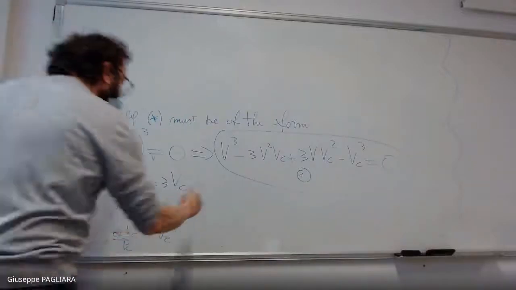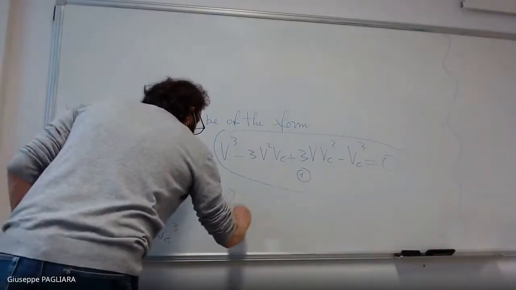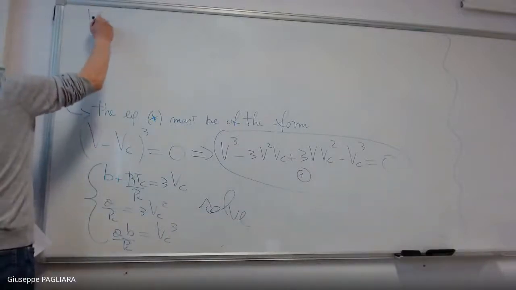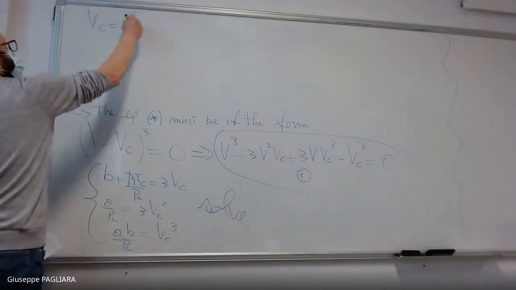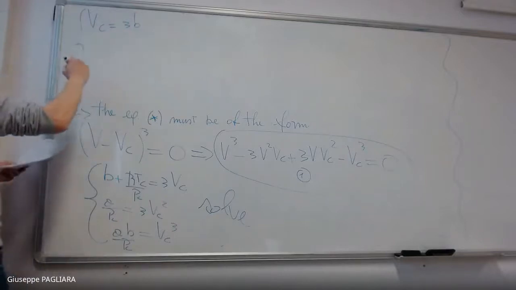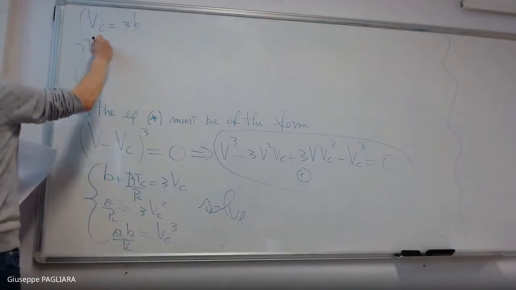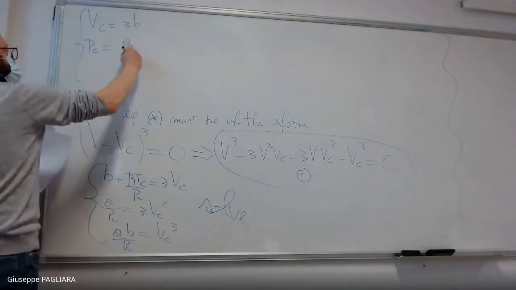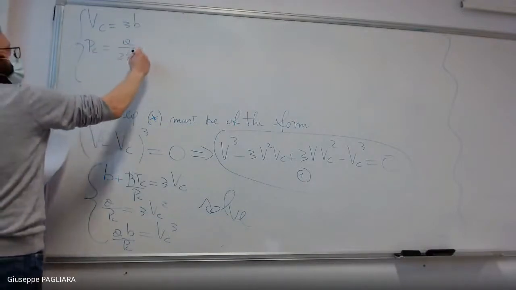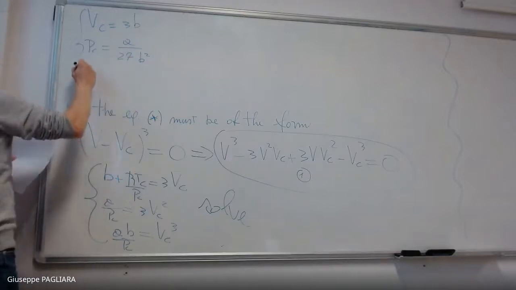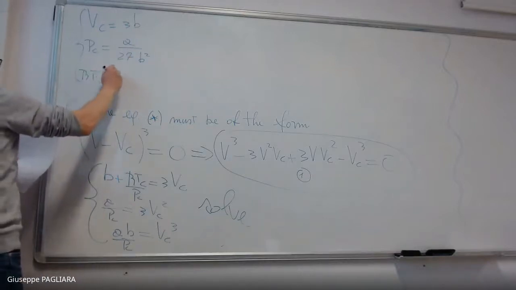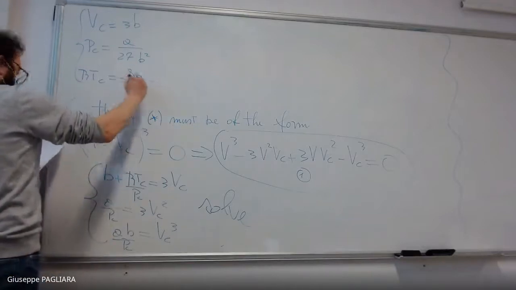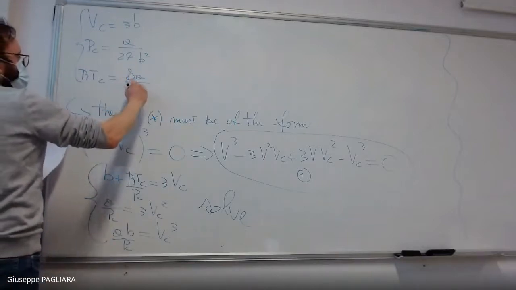So you solve the system of equations, and you will find that VC is equal to 3B, PC is equal to A divided by 27B squared, and RTC is equal to 8A divided by 27B.